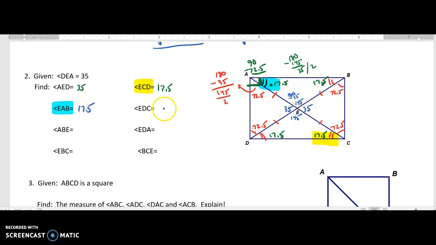Now EDC, 17.5, and then angle good old AID is 17.5. EDA is 72.5. EBC is 72.5. And BCE is 72.5. So being able to trace them after you fill them all out is important.